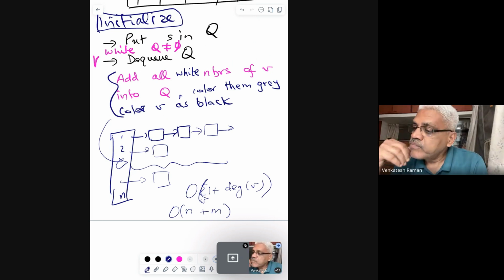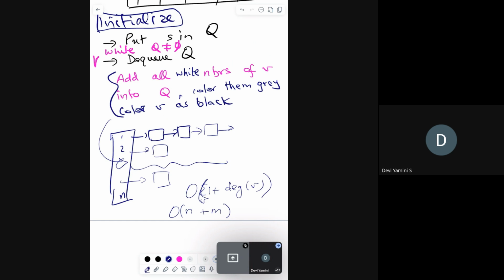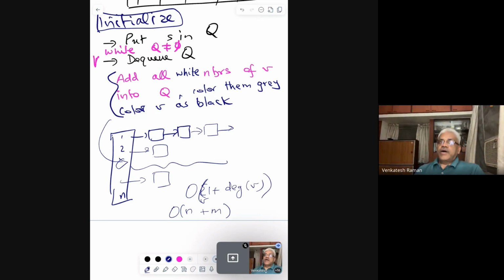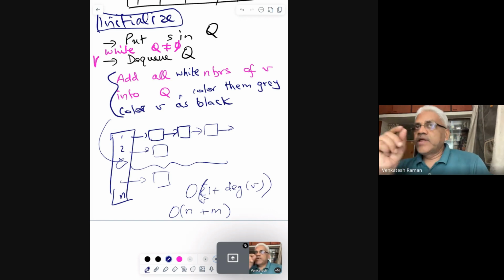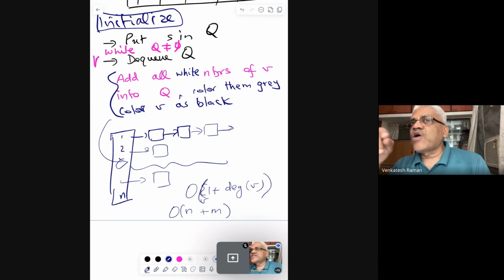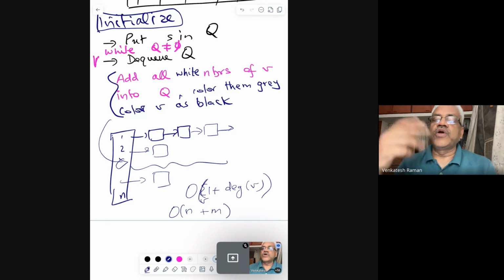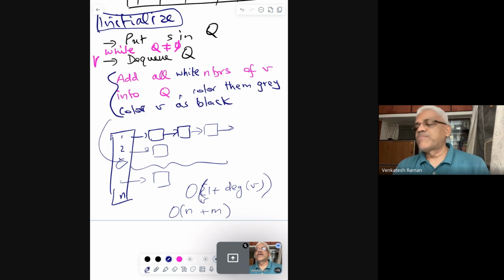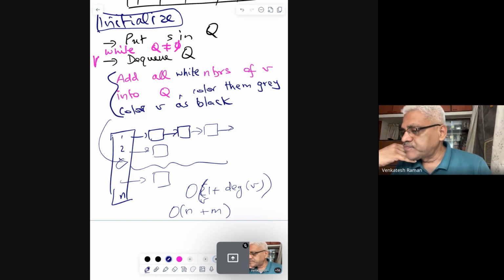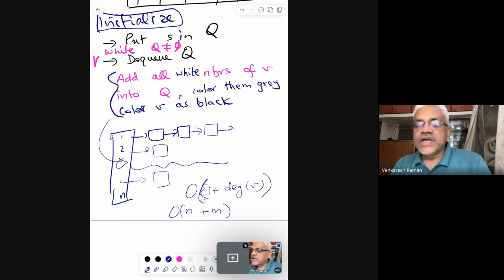And the while loop, that whole while loop runs in order m. So I had written order m plus n. That's fair enough. That's also fine. But in the while loop, there is a constant time for each vertex you're doing, because of coloring it black, for example. Yes. So now let's come back.